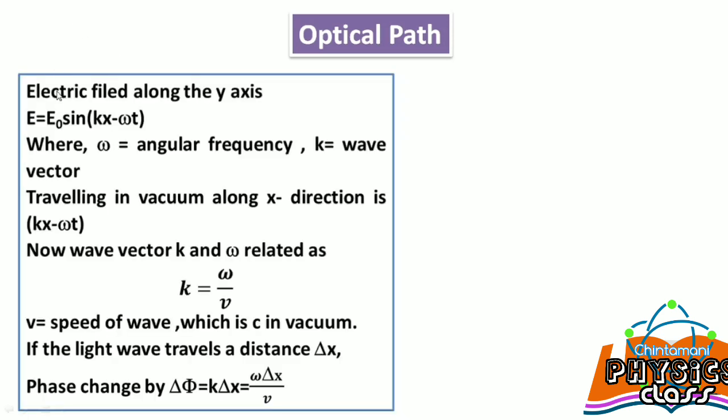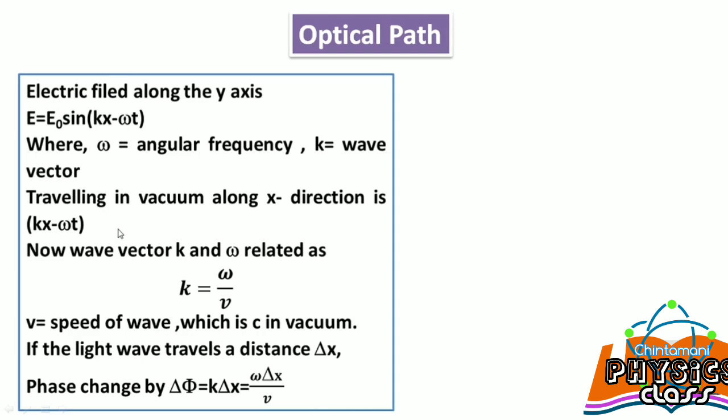According to the concept of polarization, polarized light always considers the electric field. This electric field can travel along the x-axis, and is represented by E = E0 sin(kx - ωt), where ω is the angular frequency and k is the wave vector, for a wave traveling in vacuum along the x direction.